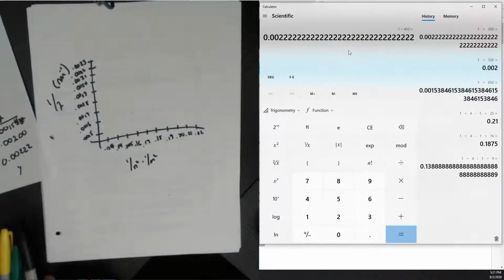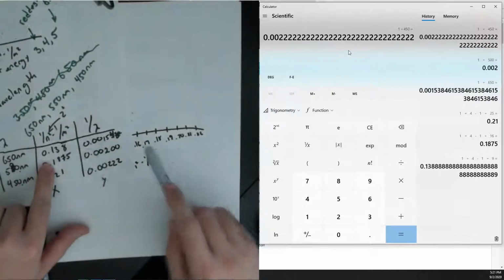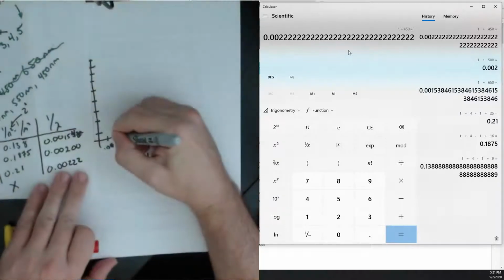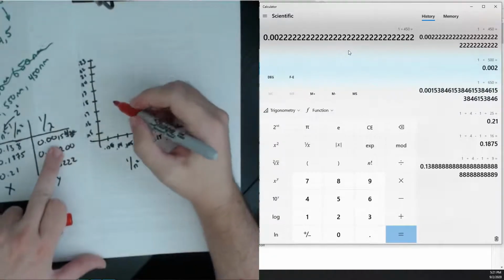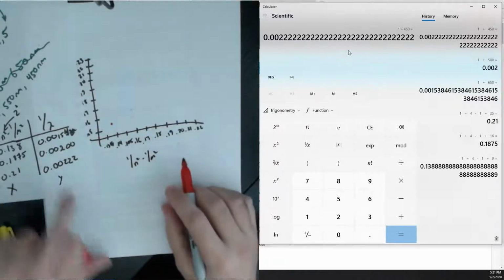All right, so our first data point is the 0.138 exactly, so it's going to be right about there, 0.154, so it's a little bit less than that, so here's our first data point.